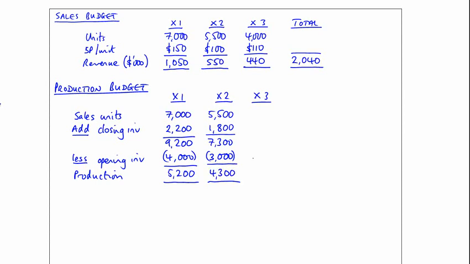So that's 4,300 we need to produce. And finally, product X3, we're planning to sell 4,000 of those. We want to have 1,000 left in inventory. That's 5,000 we need to get our hands on. We've already got 2,000 in opening inventory. That means we need to make 3,000.